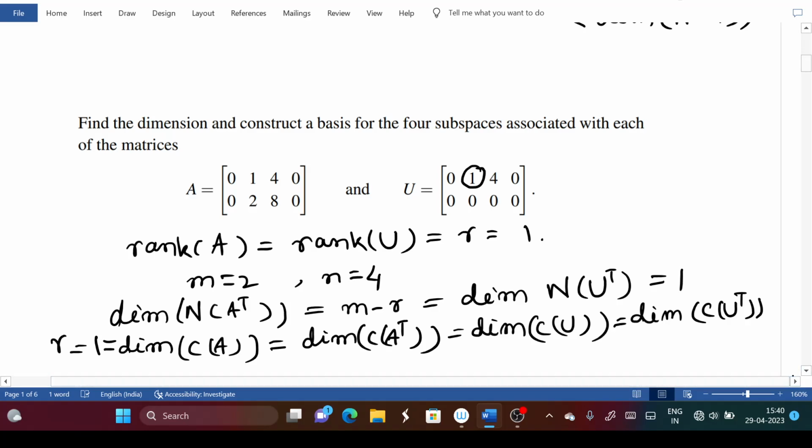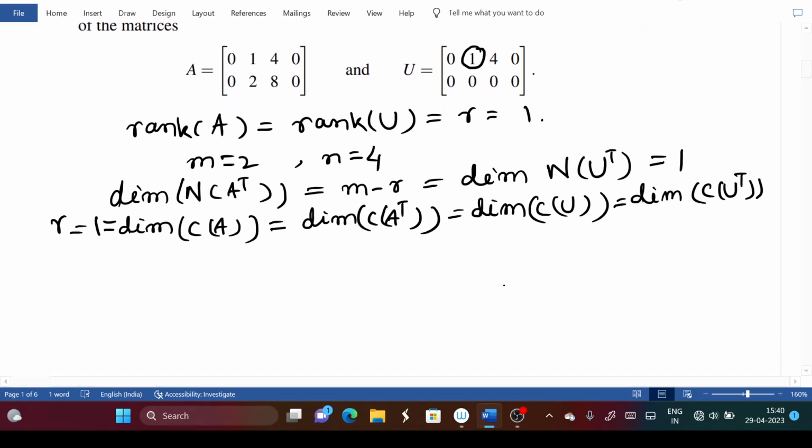Next are the other two spaces, that is the dimension of the null space.